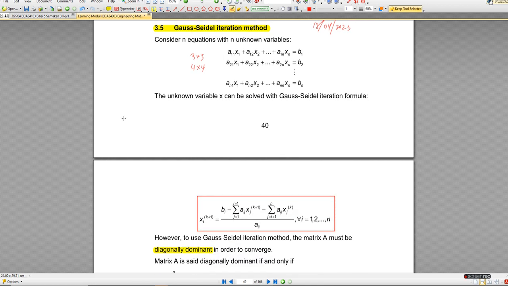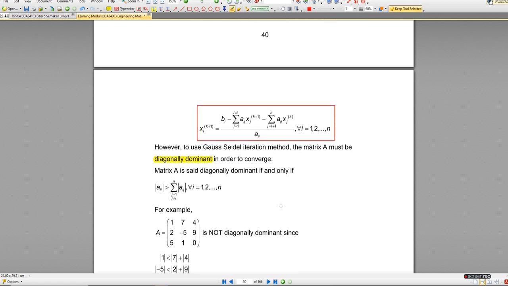Okay, so for the Gauss-Seidel, the unknown variable x can be solved by using the Gauss-Seidel iteration formula. This is the fixed formula that you use to solve the linear equation.